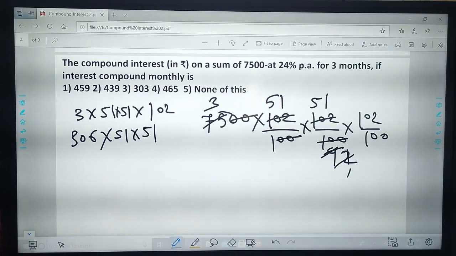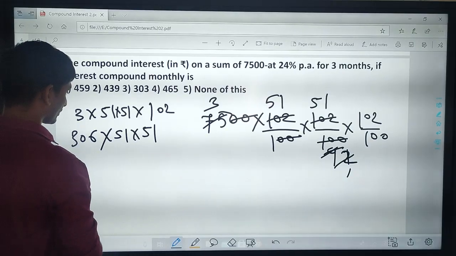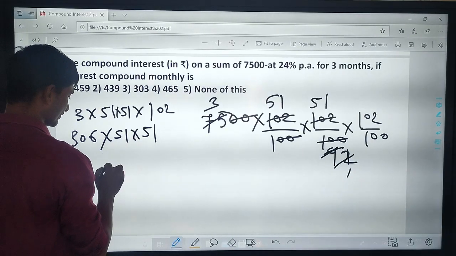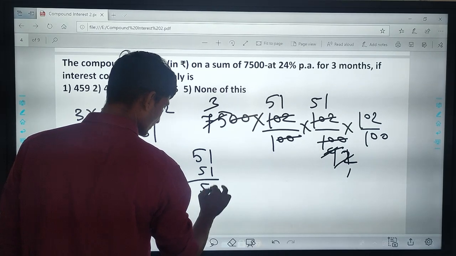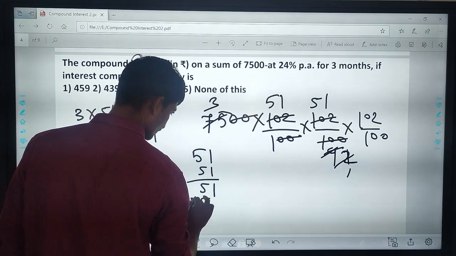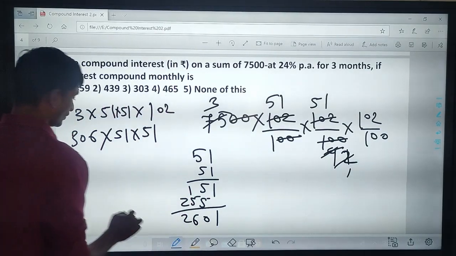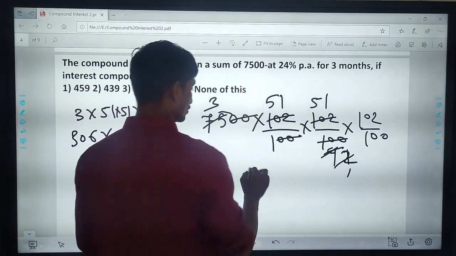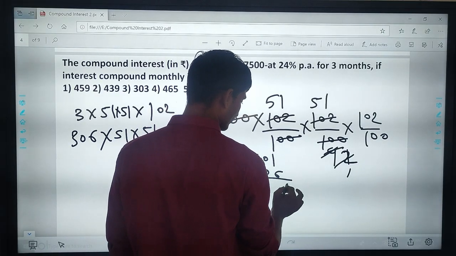Now here we get the multiplication of this. 51 into 51, into 306. 12 into 306. We get the multiplication.